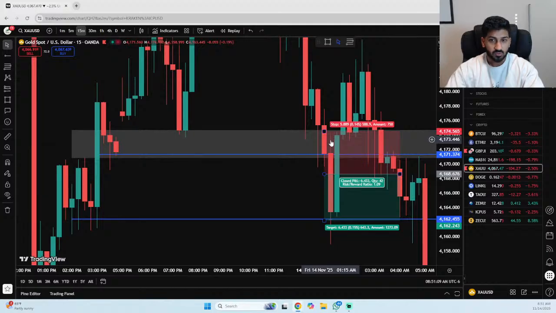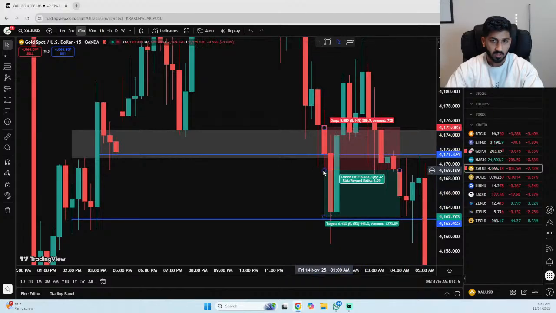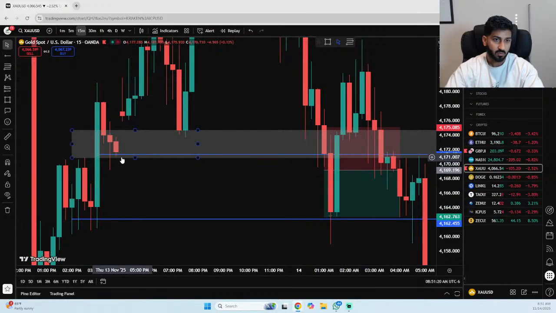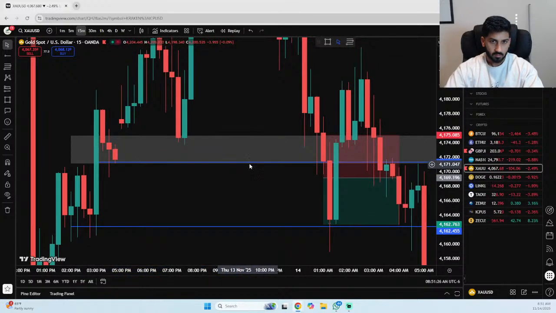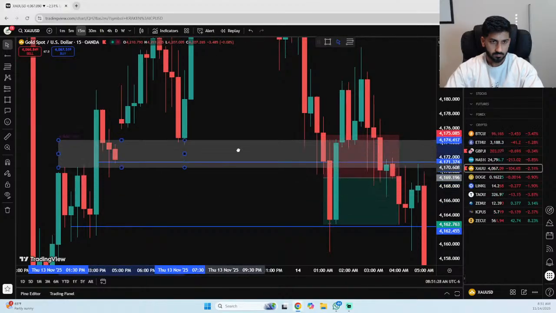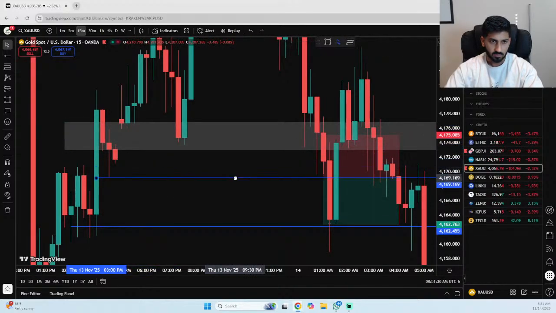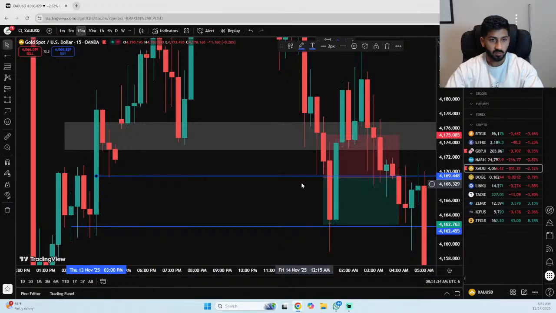Once price wicked up and this candle was green, I waited for price to continue to push down and break below its previous lows. This blue line here was my area to watch.